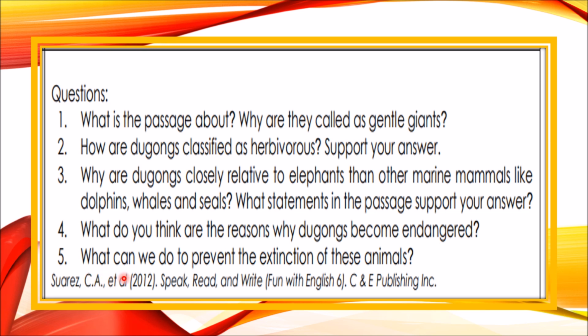And the fifth question, what can we do to prevent the extinction of these animals? We should protect the habitat of these animals. It also states in the sixth paragraph that large populations of dugongs still inhabit the coast of Australia since they are protected by law.